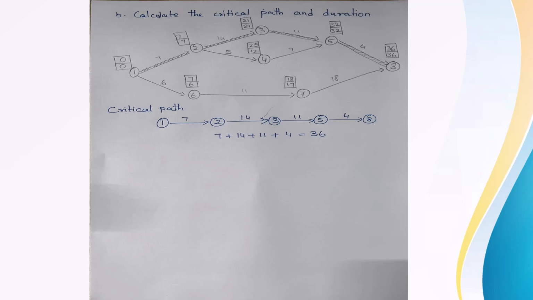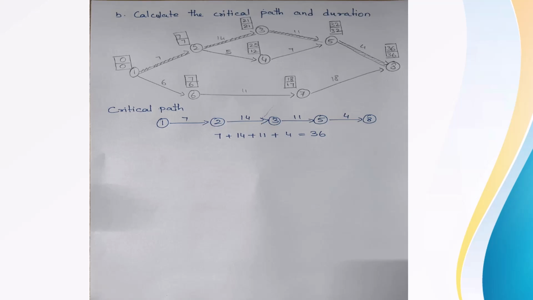Now, here again there is a tie. We have to go for 5 to 8 and 7 to 8. Let's first get the EST for activity 7. EST for activity 6 is 6. The duration of activity 6 to 7 is 11. So the EST for activity 7 is 6 plus 11 equals 17.